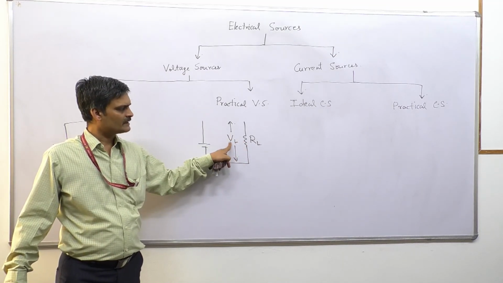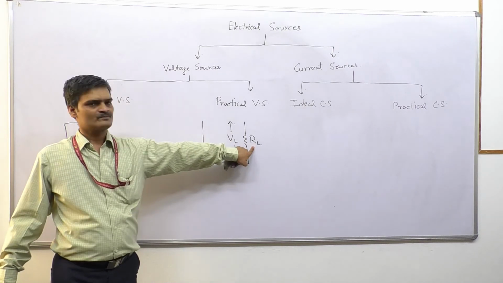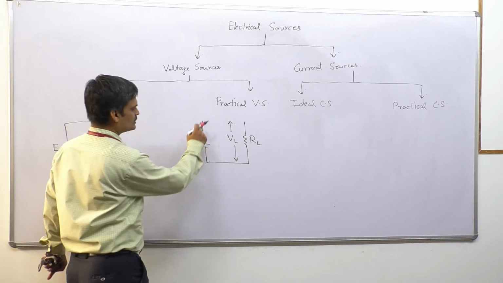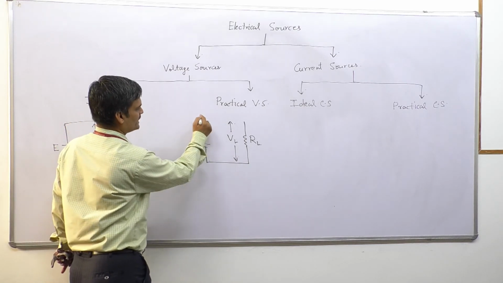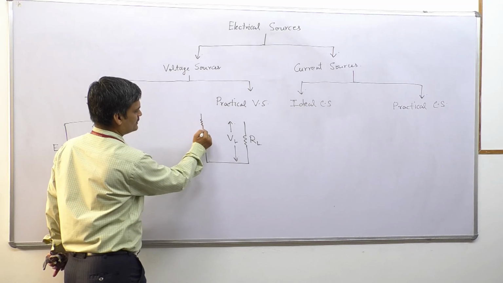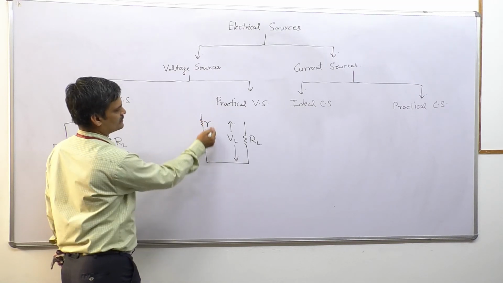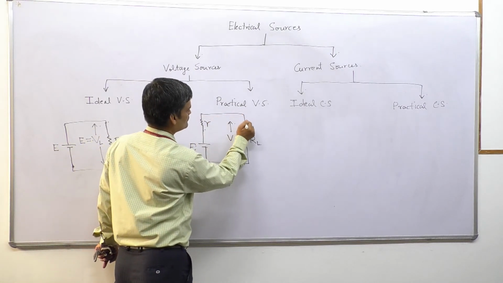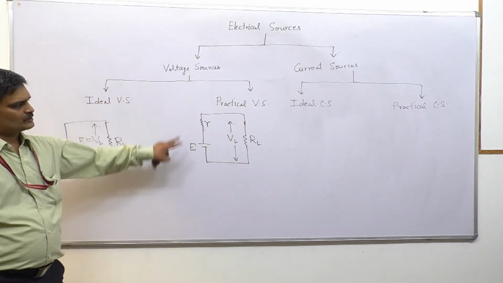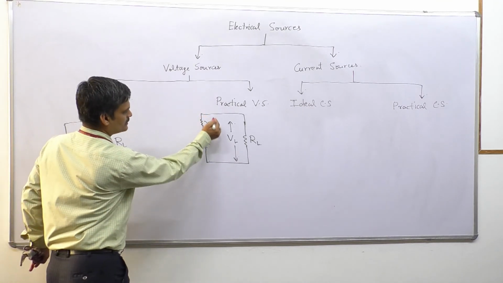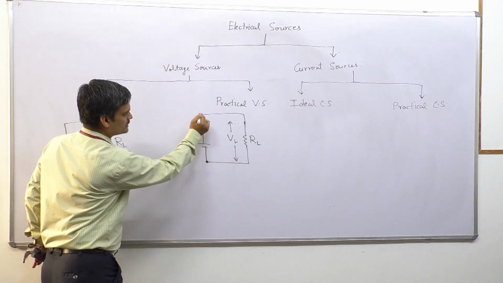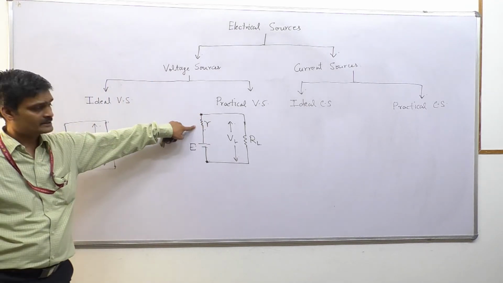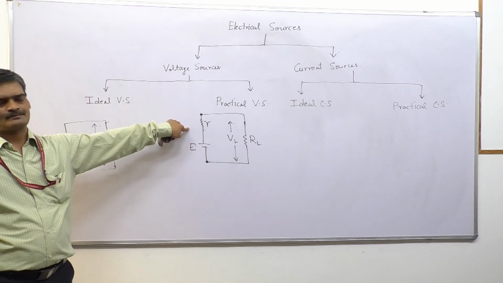In fact, this value of load voltage depends and varies with the variation of the load resistance RL. How? Because in case of practical voltage source, we are having an internal resistance of this voltage source. So this complete thing is a practical voltage source having an internal resistance of value small r.